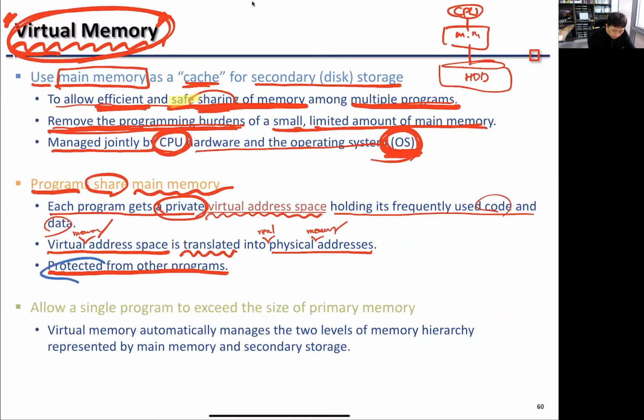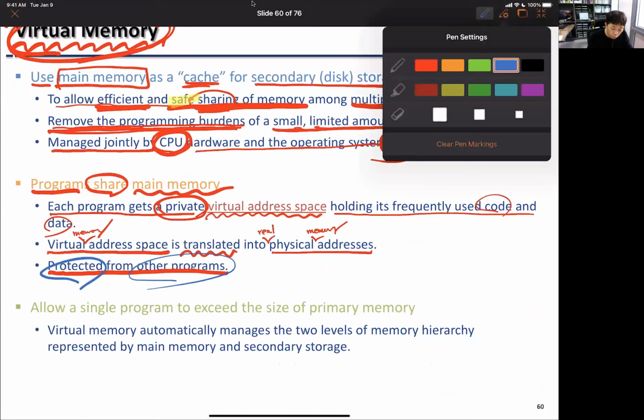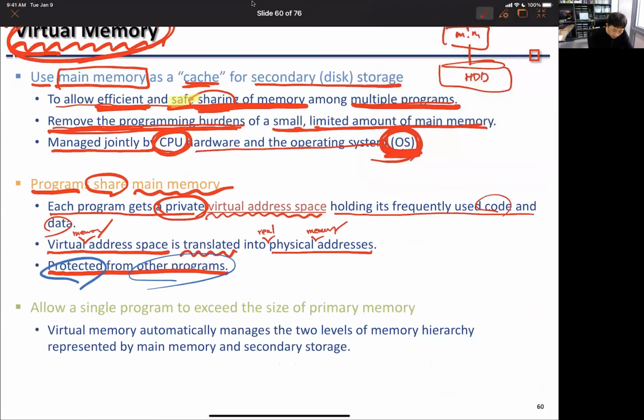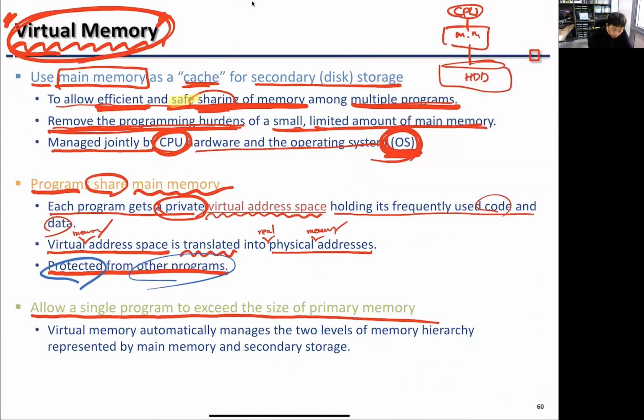So it's protected from other programs. This is how we make sure that one program does not overlap with another program. It allows a single program to exceed the size of the primary memory. I told you, a single program can have up to 4 gigabytes on a 32-bit computer, with a 32-bit memory address.